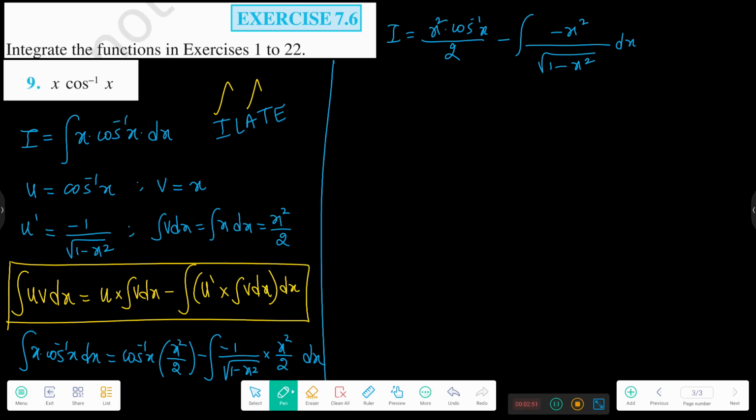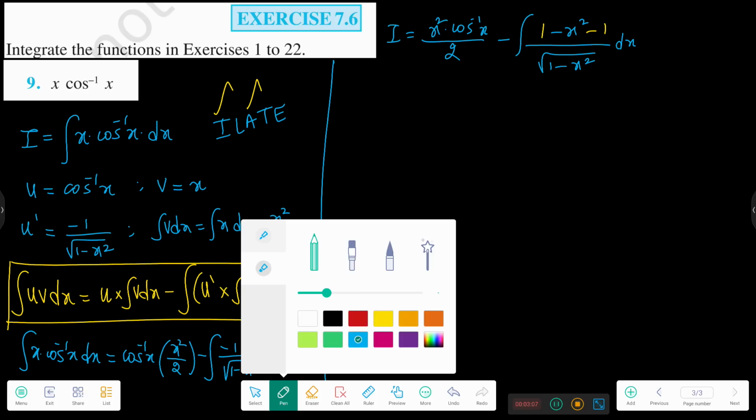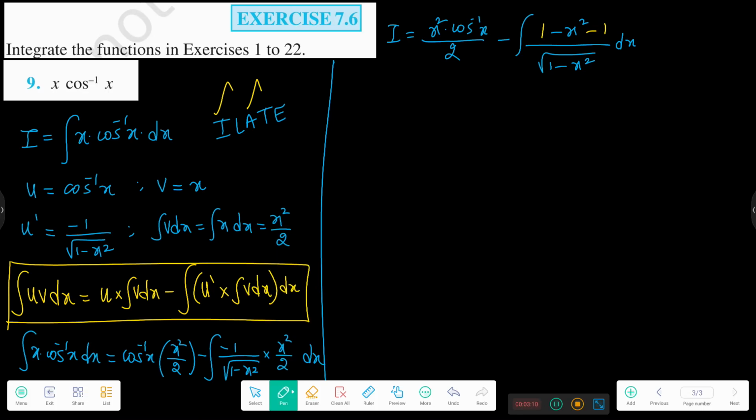For simplifying, children, listen, you cannot take the direct integral for this. The same term as the denominator, you try to bring into the numerator, so I need a plus 1 in the numerator. So you add 1 and subtract 1; then the question does not change. So x square into cos inverse x divided by 2 minus, 1 minus x square divided by square root of 1 minus x square into dx.